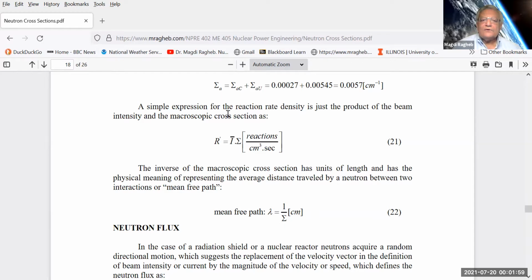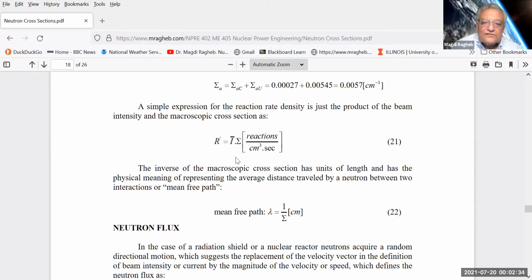And we come back to our reaction rate density, and we find that we can write a very simple equation for it: the number of reactions per centimeter cubed per second is nothing other than that macroscopic cross-section, which comes from the microscopic cross-section from the files, for instance, the ENDF file, the Evaluated Nuclear Data File, or from the table of the nuclides, multiplied by the beam intensity or the current in neutrons per centimeter squared per second.